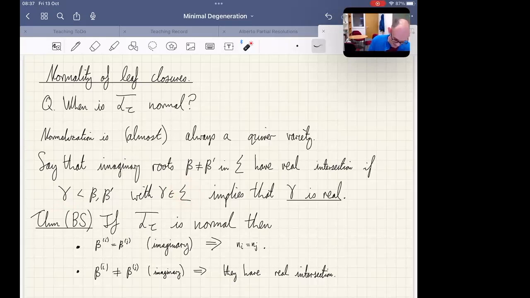Basically it's saying that there is no imaginary root inside sigma which is less than both beta and beta prime.